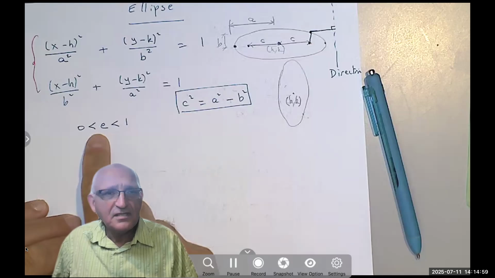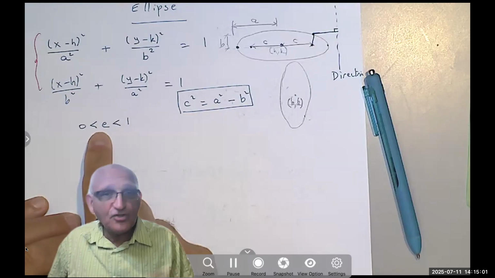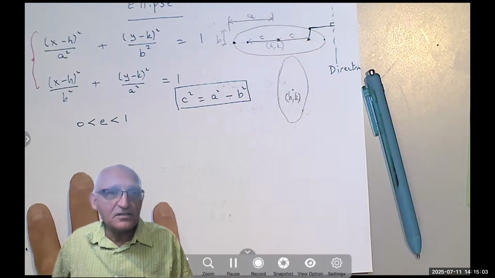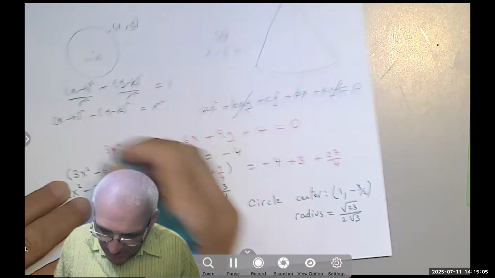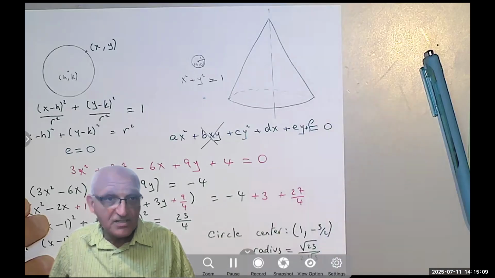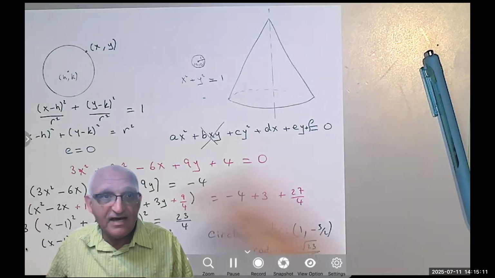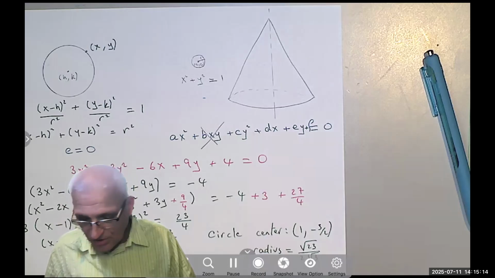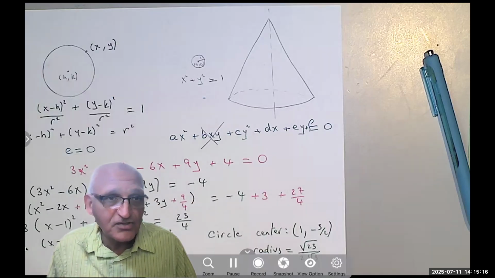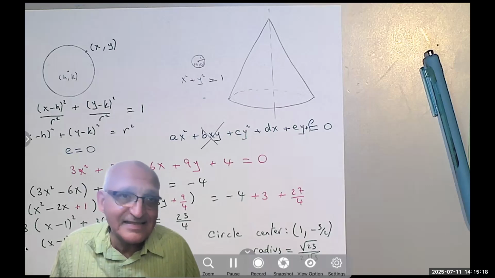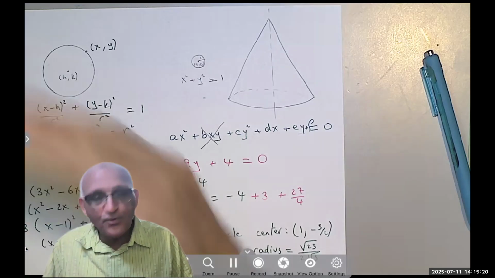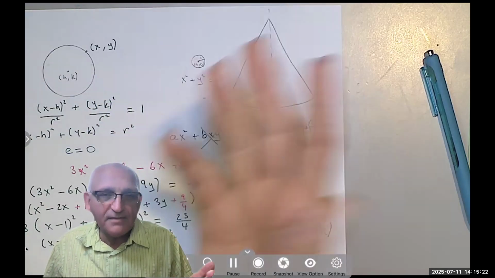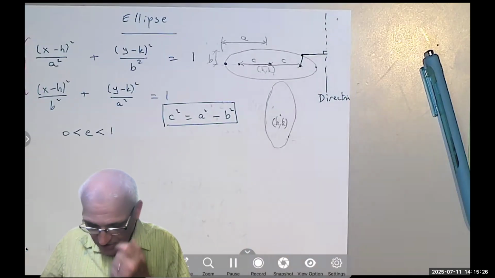Of course, when it becomes 0, we don't have eccentricity, so that's a circle. So here the eccentricity equals 0, right? Because basically we don't have a directrix for a circle. Well, the directrix would be a tangent at any point. If you want to think about it, it's like it is attached to the circle.